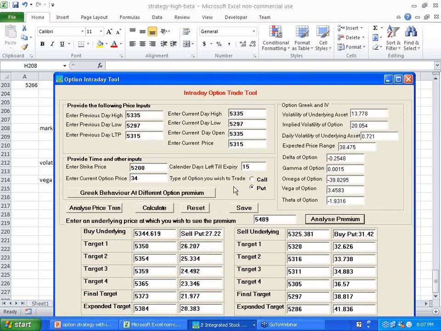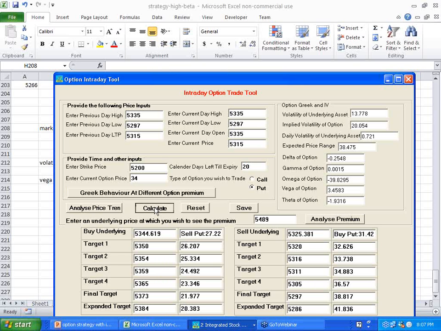Say I have taken one 5,200 put option at 34 rupees, and currently it is quoting at 34 rupees, with 20 days left till expiry, because I have taken Friday's price point.